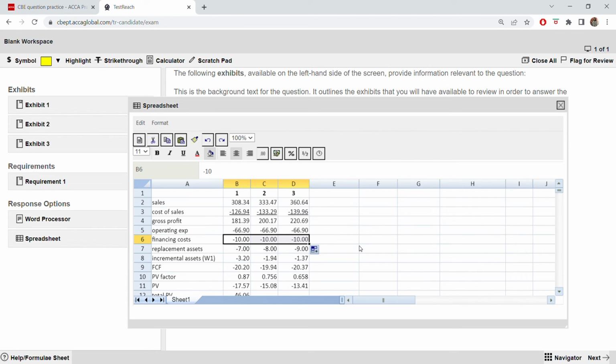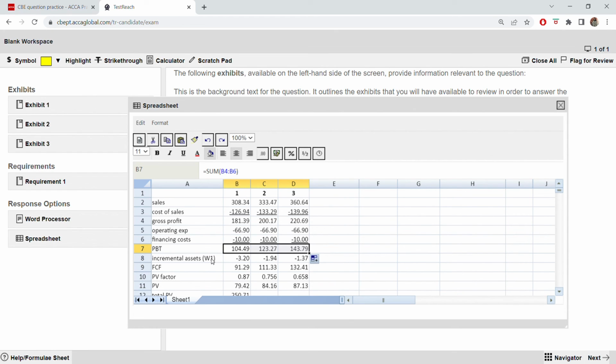Okay, focus profit before tax. So profit before tax will be this. Profit before tax, PBT. What do you do? Equal to sum function from gross profit, okay, enter. Drag it to the other cells.